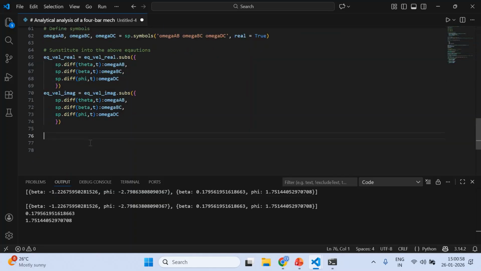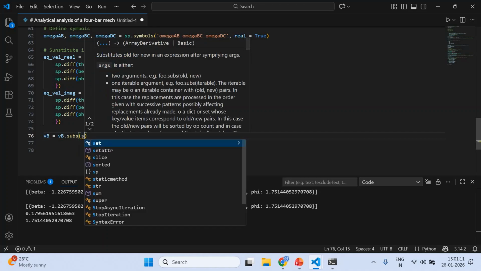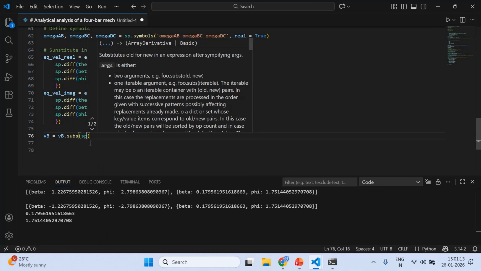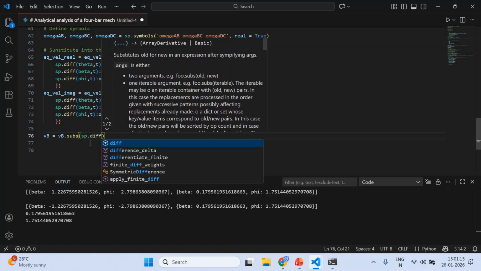Now once it is done, let us repeat the same thing for the linear velocity terms. So here you have vb equal to vb dot subs, and again in the bracket you have sp dot diff.